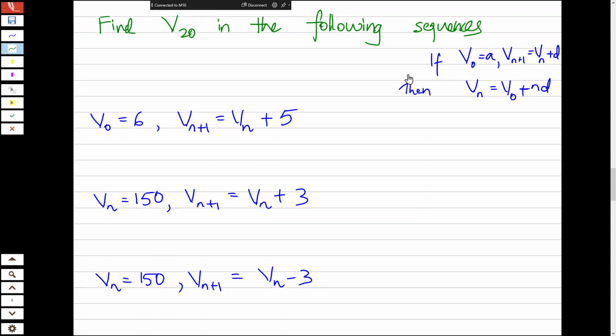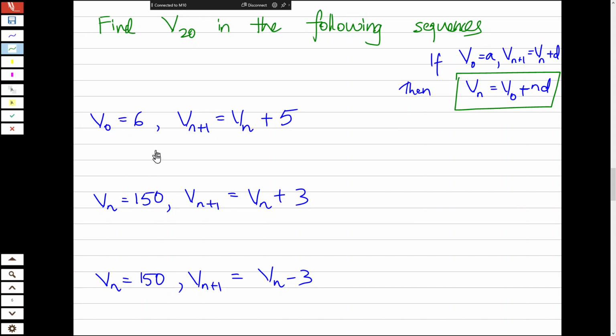So remember, this is your formula. If it is an arithmetic sequence with a common difference d, I can use V0 plus n times d to get Vn.